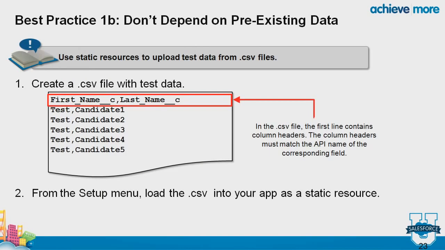There are a couple of ways in which you can do that. The first one is what we already saw. The second way is that you get the data from your production org using Data Loader, extract it into a CSV file, and maybe play with that data a little bit.